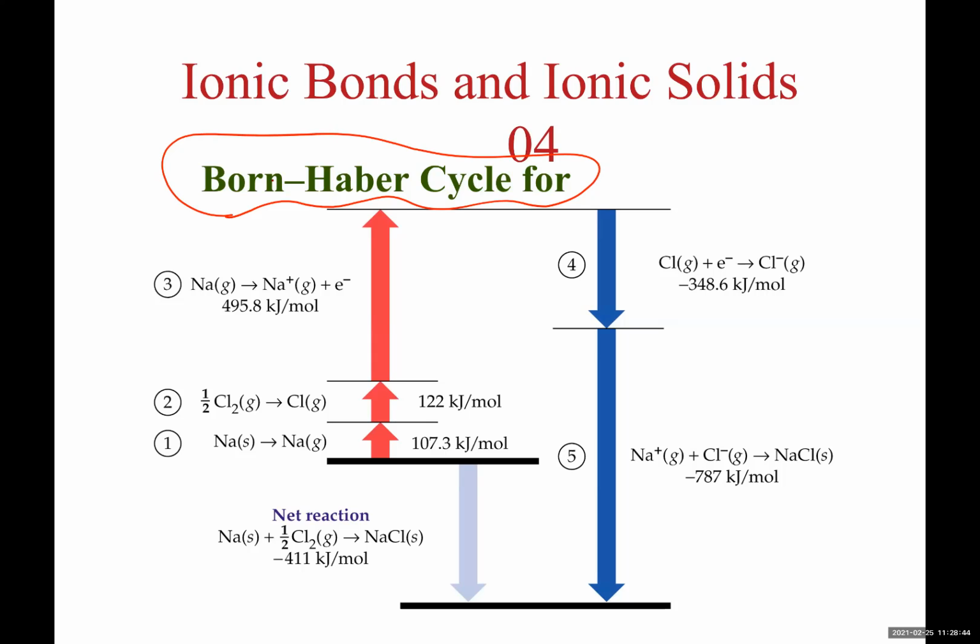We want to calculate, if you start with metallic sodium, which is the most stable form of sodium at room temperature, and gaseous chlorine, which is the most stable form of chlorine at room temperature, and you make solid table salt, what is the value of energy exchange in this process?